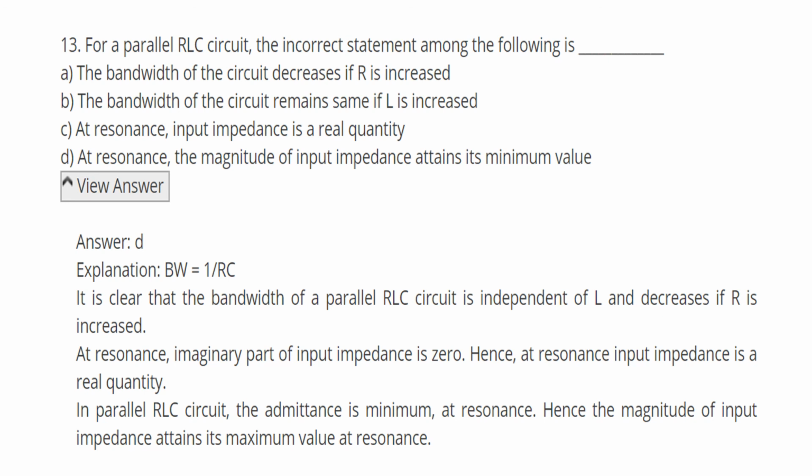At resonance, the imaginary part of input impedance is 0. Hence, at resonance, input impedance is a real quantity. In a parallel RLC circuit, the admittance is minimum at resonance. Hence, the magnitude of input impedance attains its maximum value at resonance. So, answer D is justified.